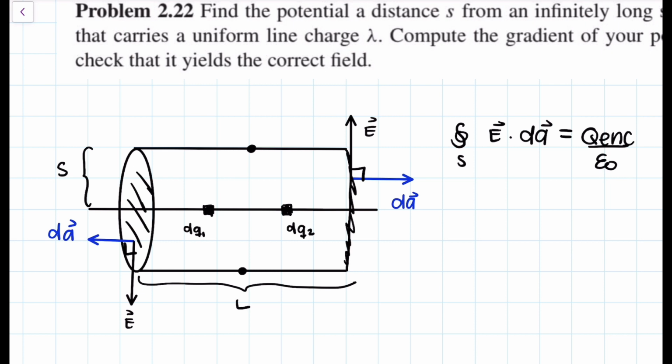There will be an electric field that looks like that from each, and the same for the bottom too. This is from dq1, this is from dq2, this is from dq1, and this is from dq2.